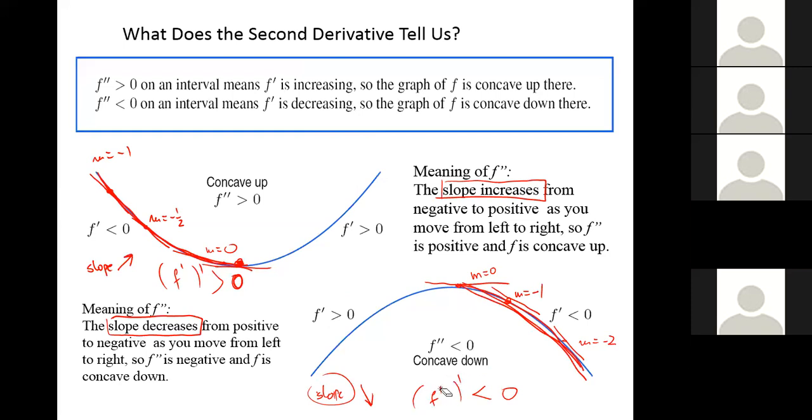That means the second derivative must be negative for that position, and this position we call concave down. We have to remember, if the function is concave up, the second derivative is positive. Concave down, the second derivative is negative. Kind of makes sense.